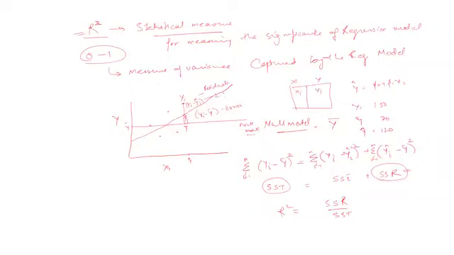Overall it is 100%. If this is your overall error from your null model, but your regression line has reduced it to 20%, that means it has been able to capture 80% of the error. Only 20% error is left if you go with a regression model.